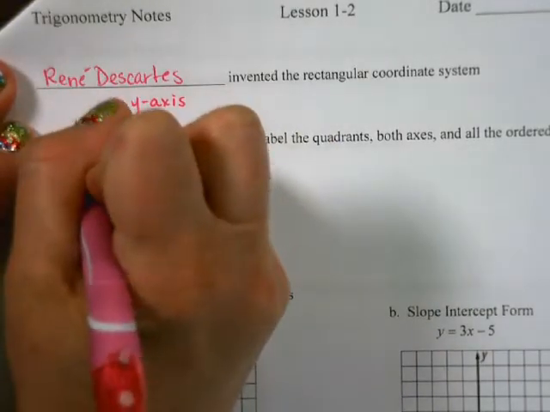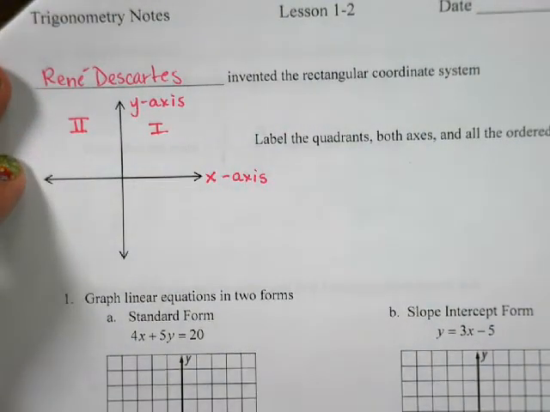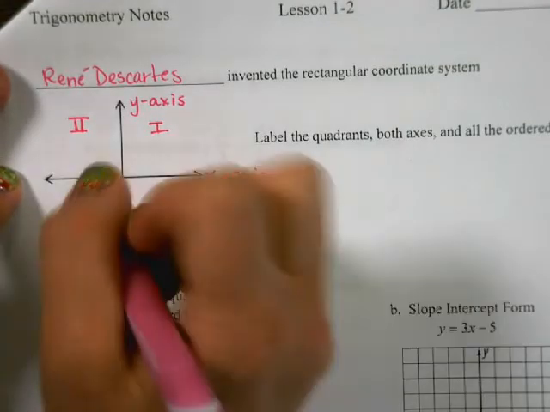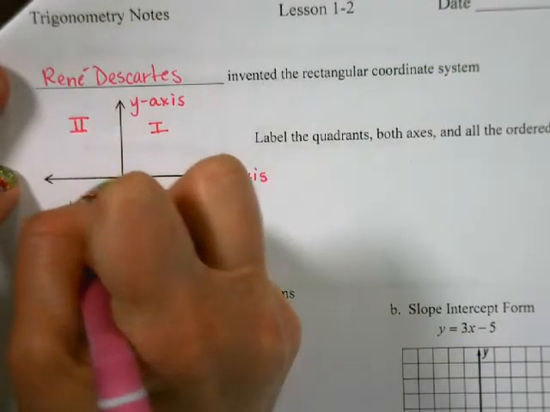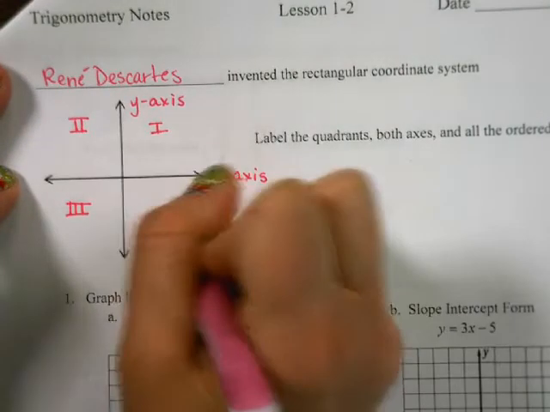So this guy is quadrant 2, II, and this guy is quadrant 3, III. And how do you write 4 in Roman numerals? IV.